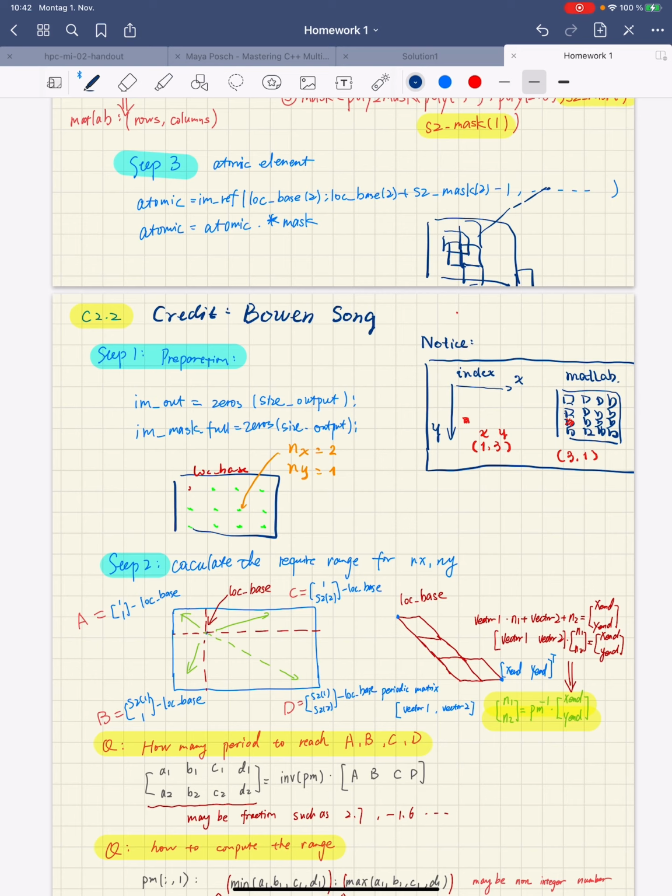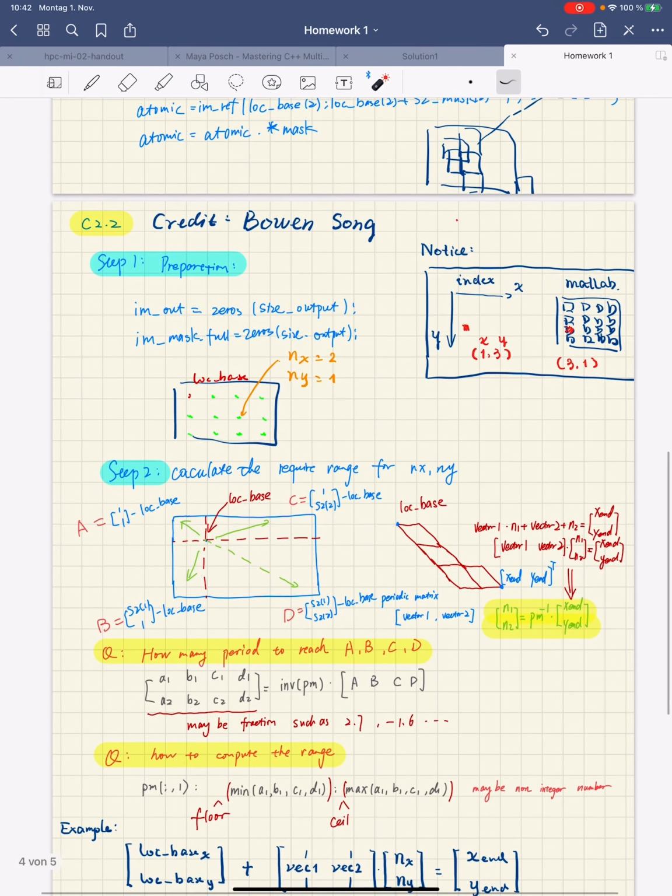So we have a square image here, so the boundary will be defined by 4 corners. So we have 4 coordinates here, and we can simplify this problem to: how many other location bases for the other atomic elements do we need?